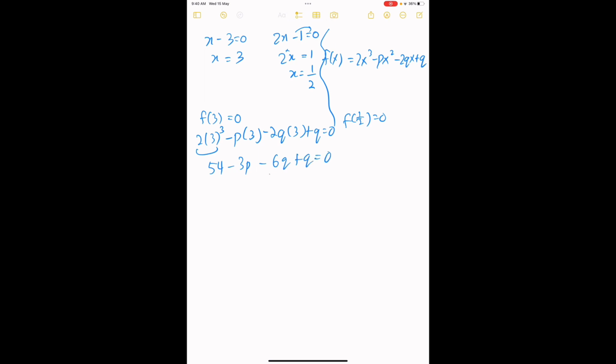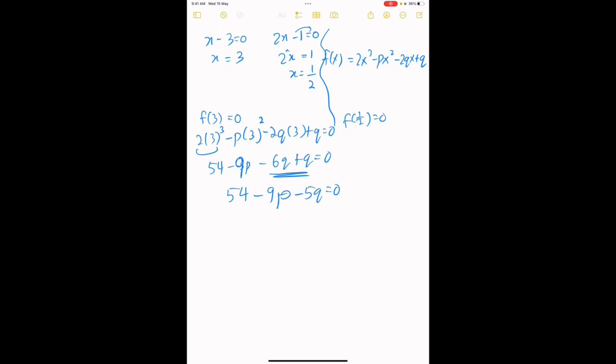Then you notice here q and q are like terms, you can add up together. It will give you 54 minus 9p minus 5q equals 0.